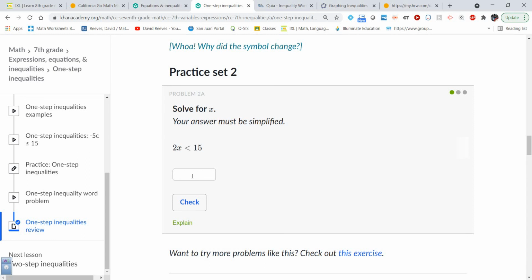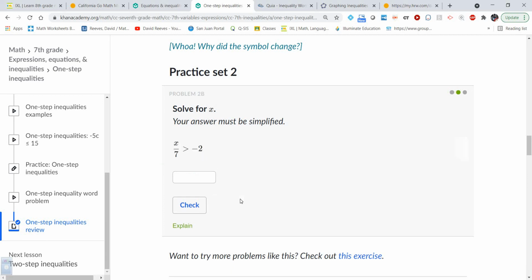So our answer that we get is x is greater than 7.5, or if you wanted to put the answer in as a fraction, you could put 15/2. All right. Oh, Mr. Reeves, I accidentally changed the inequality sign. Oops. That's why it's nice to have something that's self-checking. We can catch those errors. I did not mean to reverse it. We divided by +2. I need to listen to my own teaching, huh?